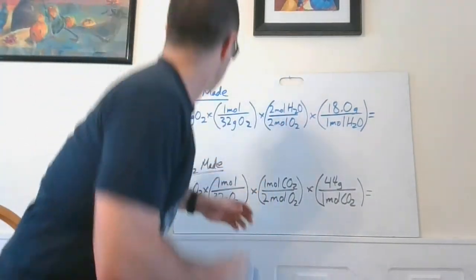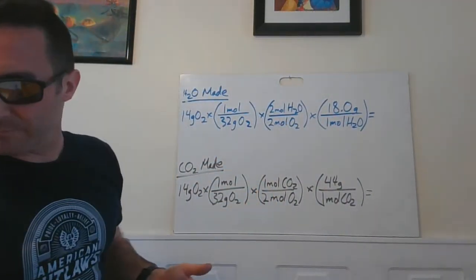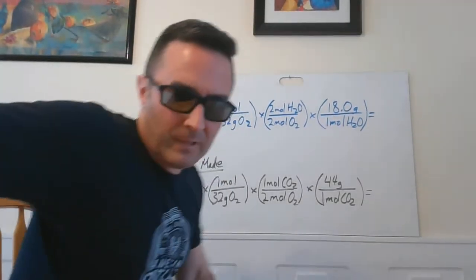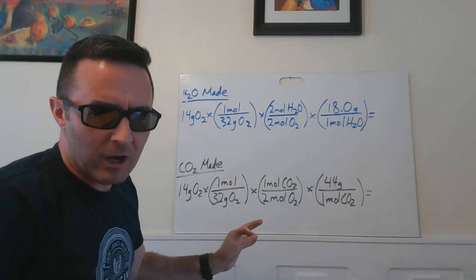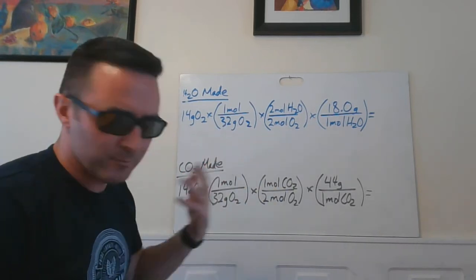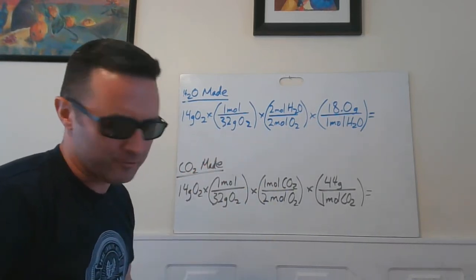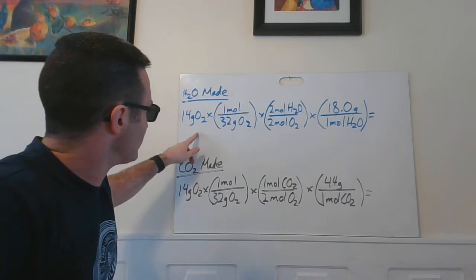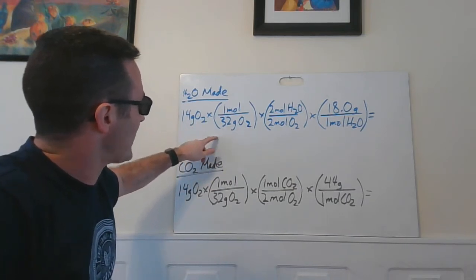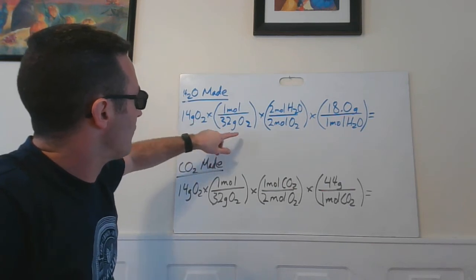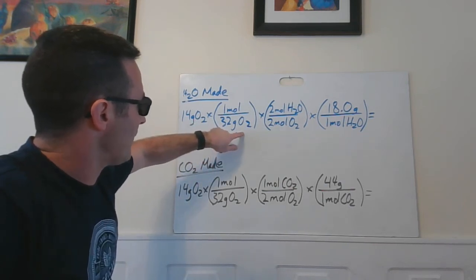Okay, so when you're making water, your answers are probably going to be just a little bit different, because you're not rounding off when you're doing things this way. You can just put it all in your calculator and carry answers. So, 14 grams of oxygen. First step, convert grams of oxygen to moles. 1 mole of oxygen gas weighs 32 grams.